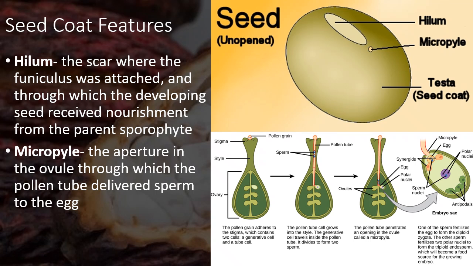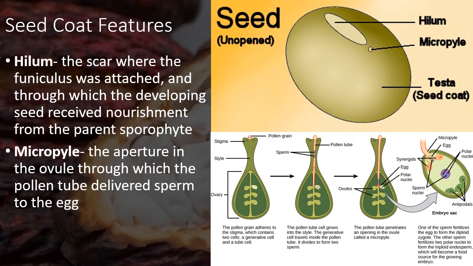Just under the hilum, we often have a structure called a micropyle, and the micropyle is an opening in the ovule through which the pollen tube delivered sperm to the egg. So just to review the process of pollination and fertilization, the pollen grain has to land on the stigma of the pistil.